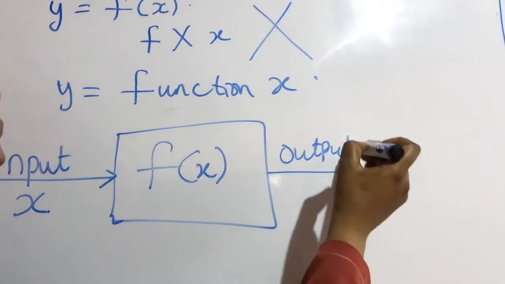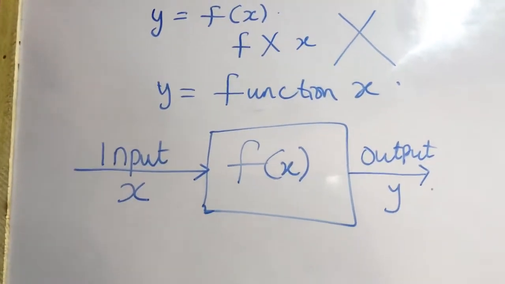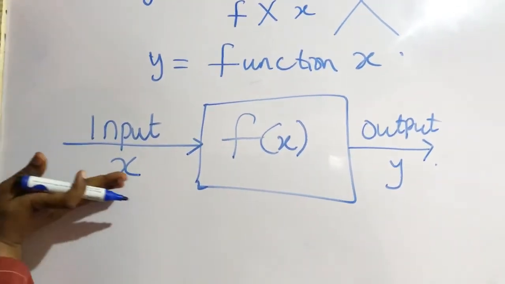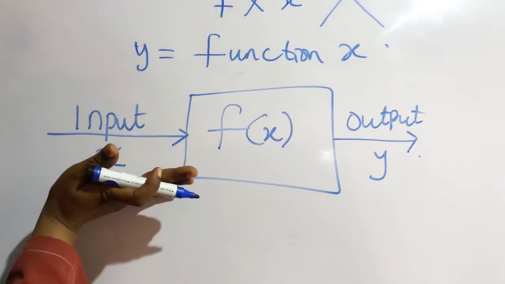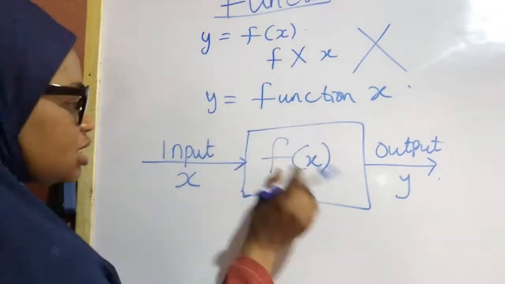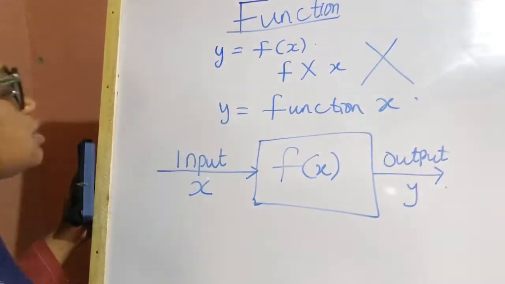This is output and it's usually y. So that is the meaning of function. You put in x, then the function processes it, then it gives out exactly one output.